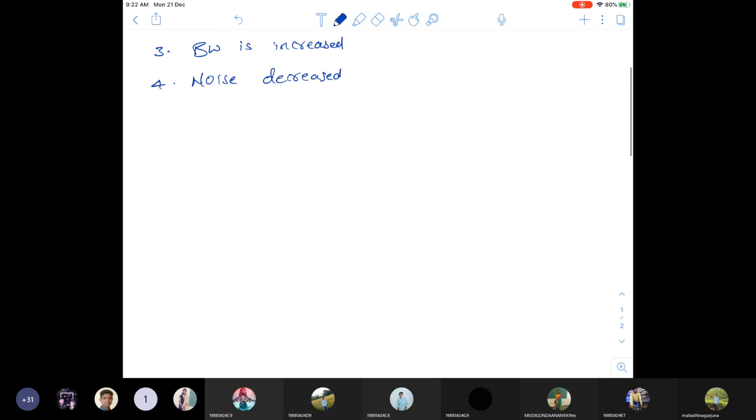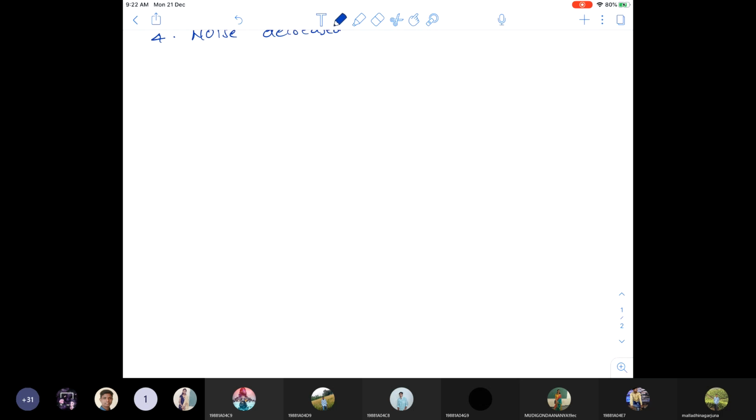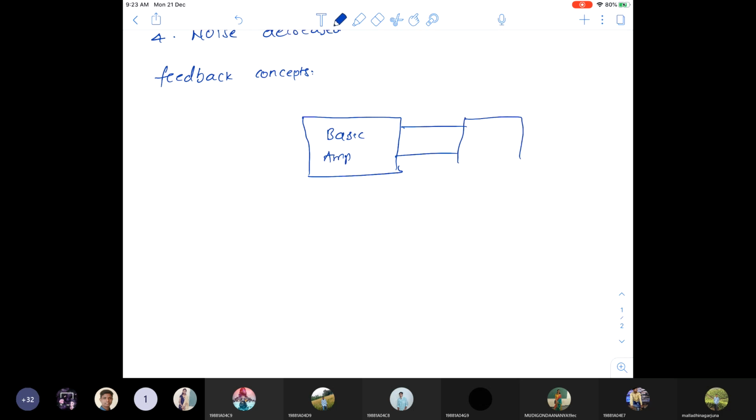Okay, so these are the characteristics of feedback amplifiers. Now we go on to the block diagram, that is, the feedback concepts. In this feedback concept, one basic amplifier is there, then the sampling, and this is the mixer.